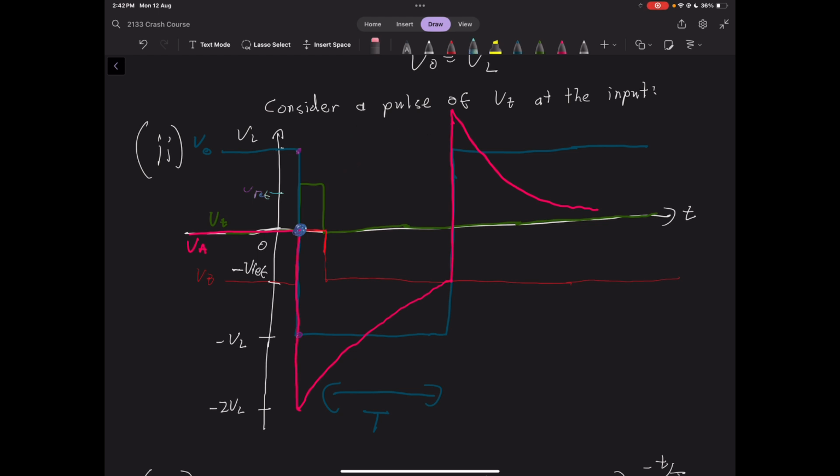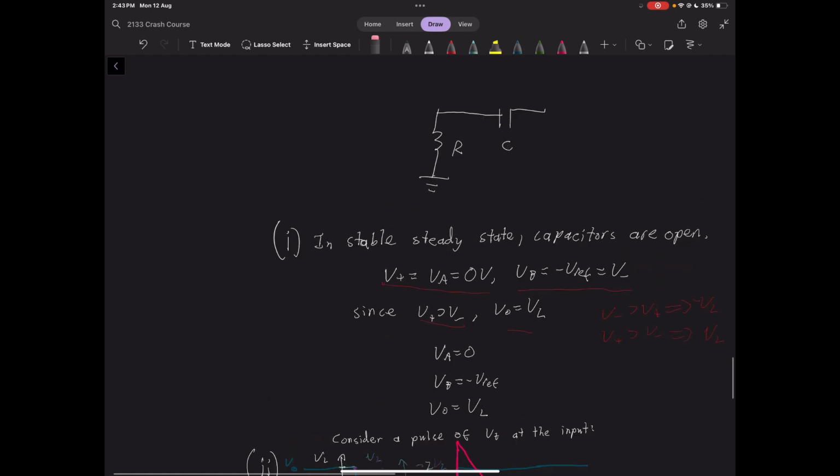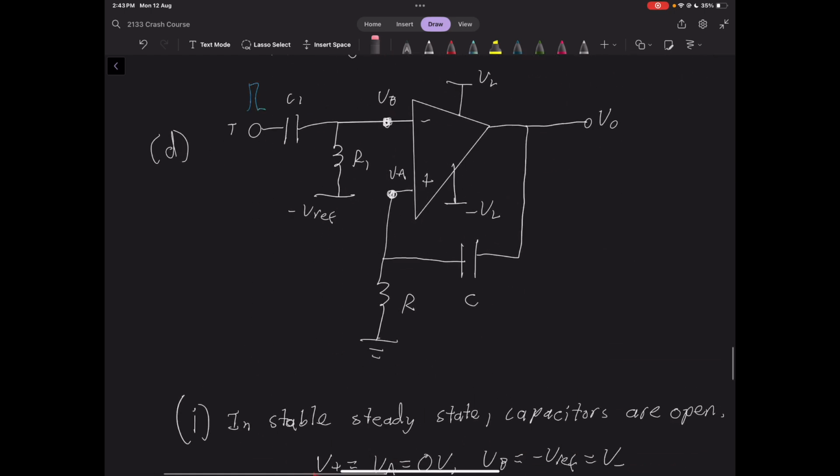What this does is we now have our output voltage going from positive VL down to negative VL. So the total change in voltage of the output is a negative 2 VL drop. So looking at here, Vout goes from VL down to negative VL.